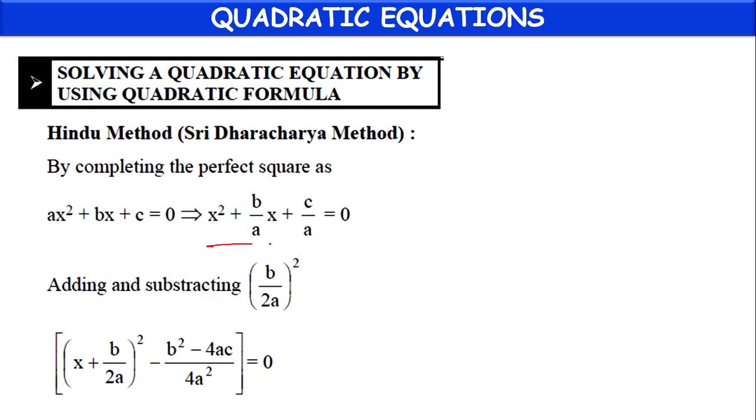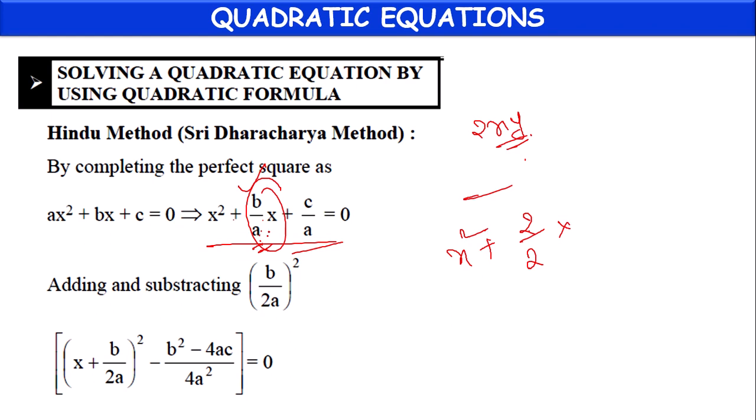After that, the middle term should be in the form of 2xy. As 2 is not present here, what can we do? We can multiply and divide by 2: 2 into x into b by a, and c by a is the next term.